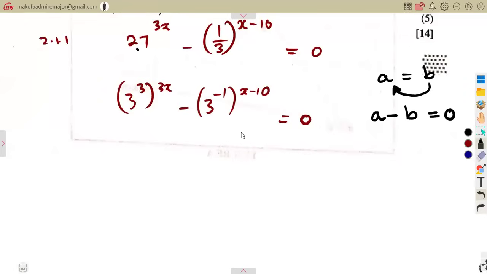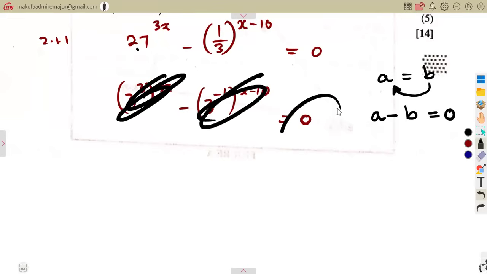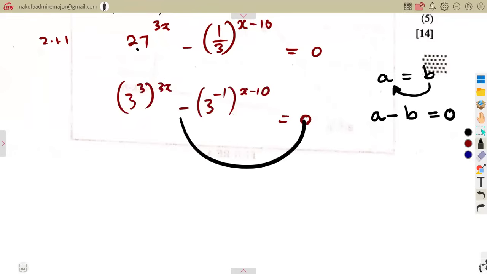There's a 0 there. Not a 1, but a 0. So if A minus B is equal to 0, it means A is equal to B again. So what am I trying to say? If this minus this is equal to 0, we can move the one with the minus to the other side of the equation and see what is happening.